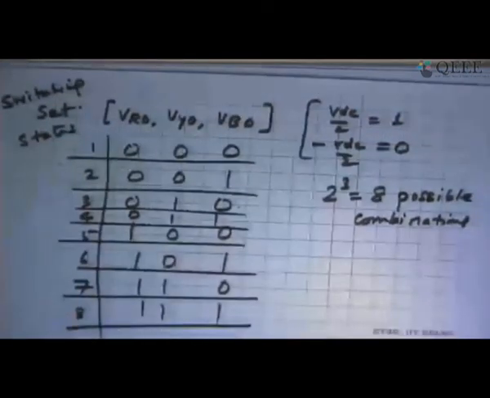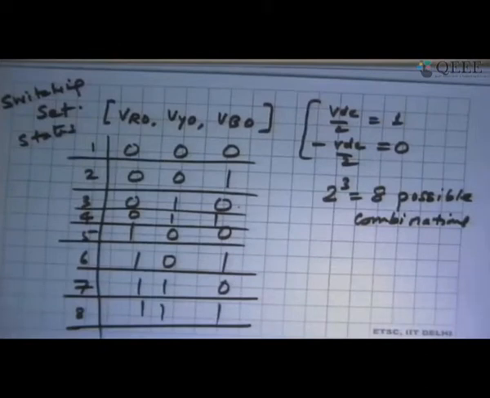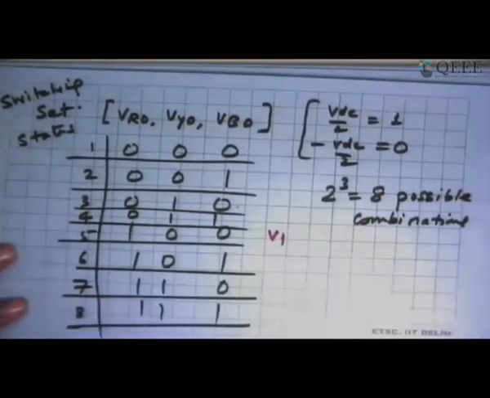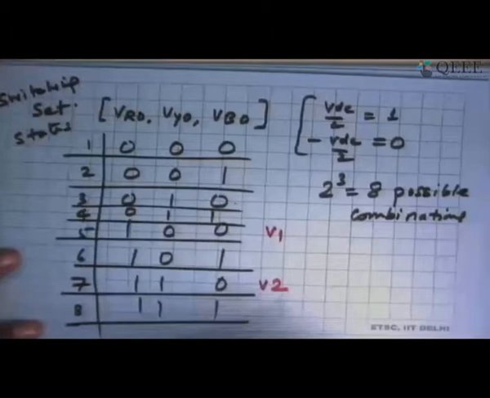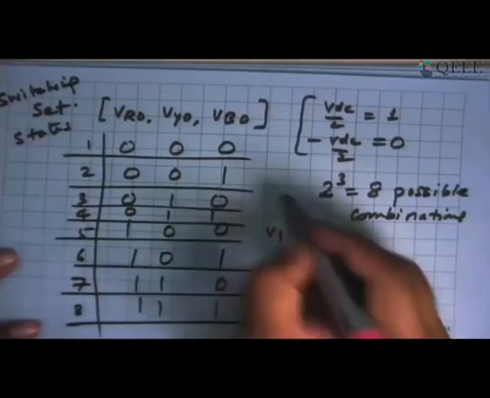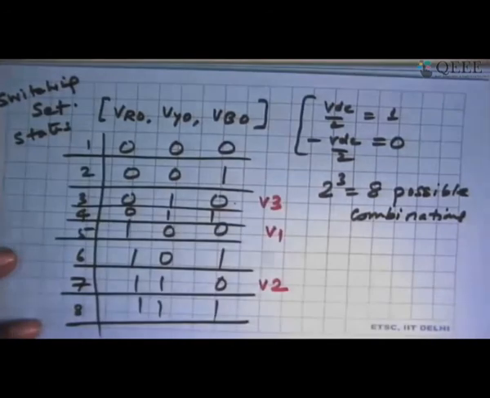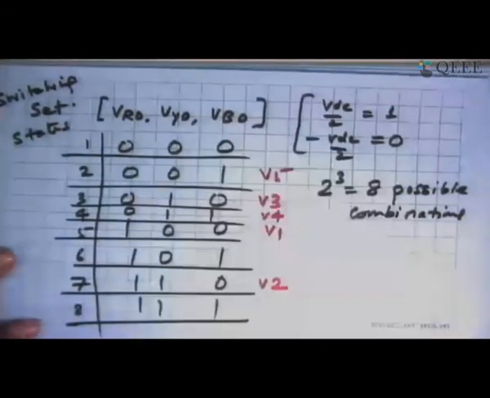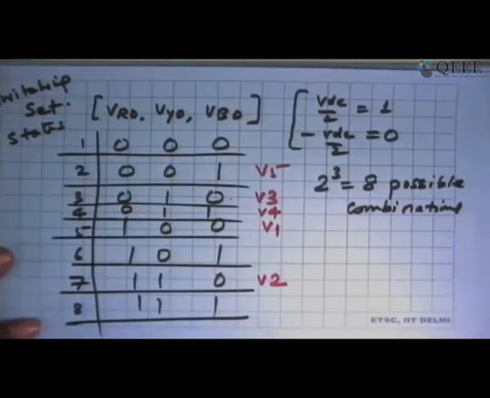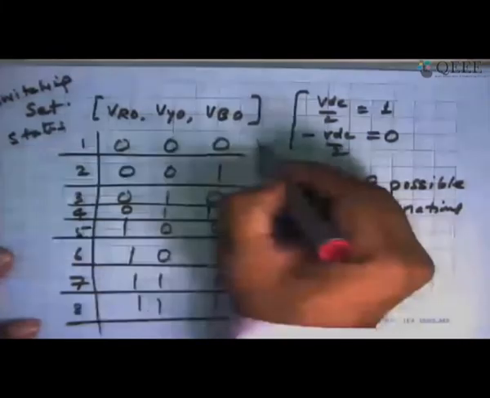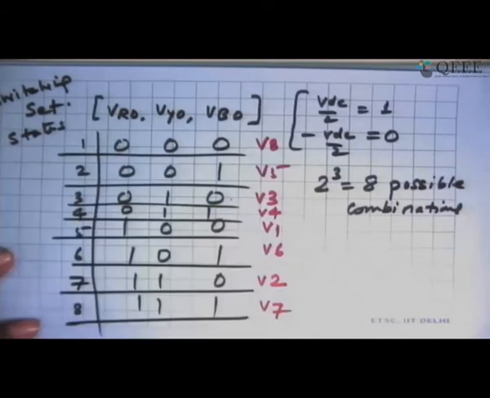If we see this, basically this is V1, this is our V2, this is our V3, this is V5, this is V6, this is V7 and this is V8.